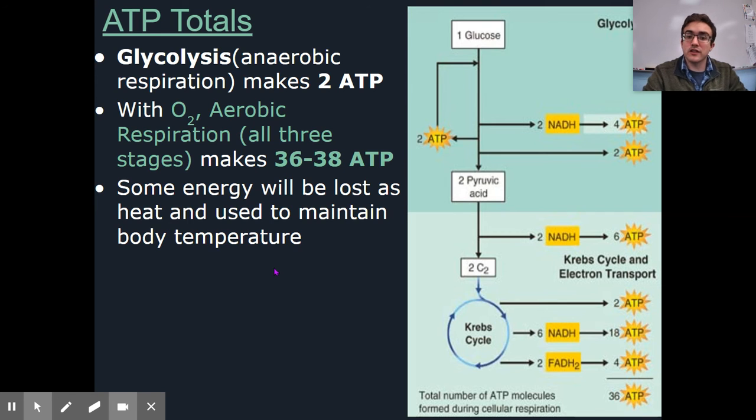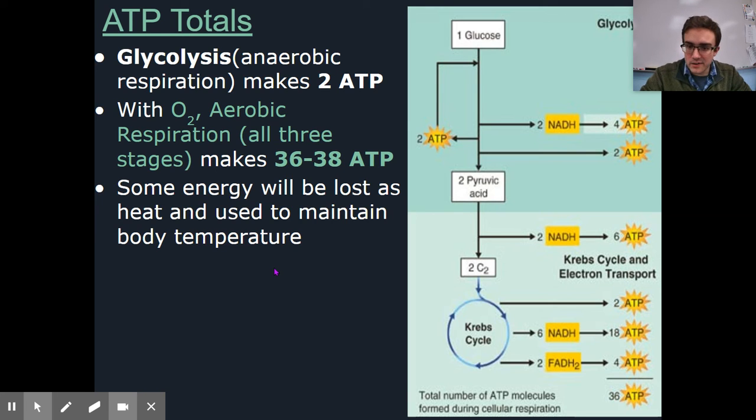And some of that energy is lost to heat to help us maintain body temperature, to move water out of the way. So in the end, we get 36 to 38 ATP for every 1 glucose. It just depends on how much energy is lost throughout this process. So at the end of aerobic respiration, we get around 36. So that's aerobic respiration right there.